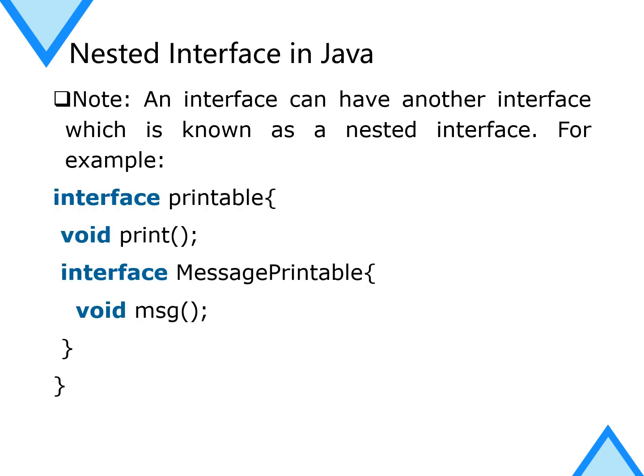For example, we have interface Printable, we have a method of the Printable interface, and inside this interface body we have another interface called MessagePrintable, which also has its own method message. So one interface is inside another interface, so it is called a nested interface.